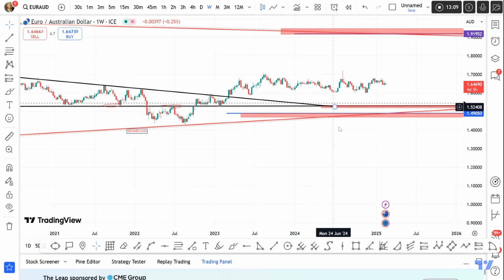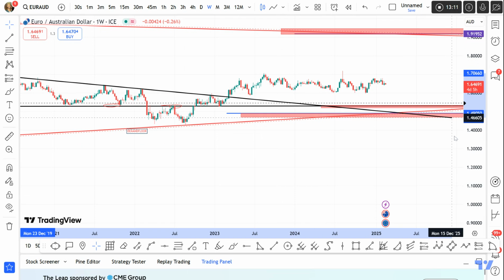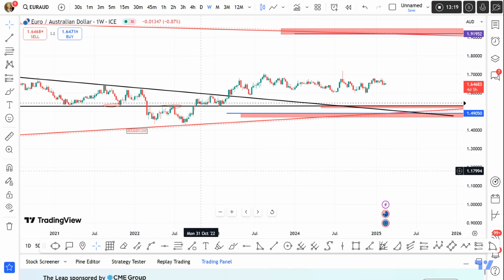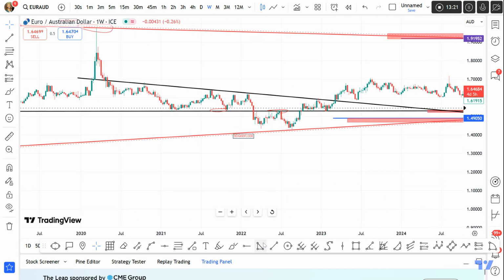Look at the structure, very, very beautiful structure.